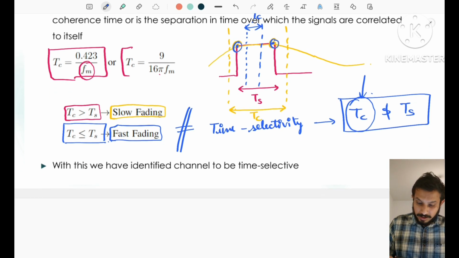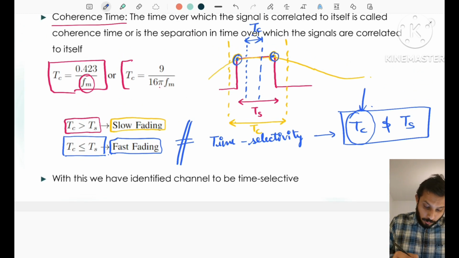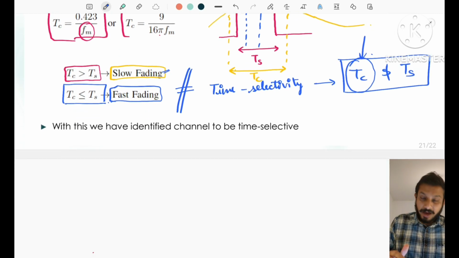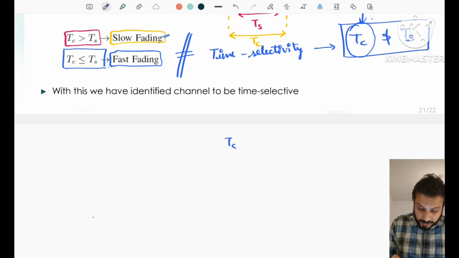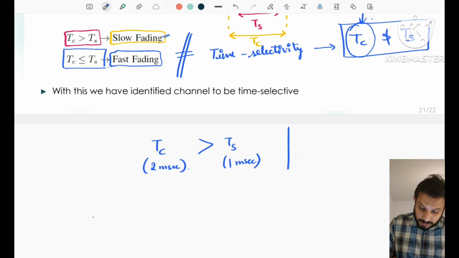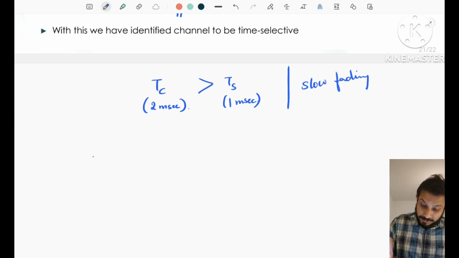An example of slow fading is when we have very low velocity. For example, let's say the symbol duration is 1 millisecond, and the coherence time is 2 milliseconds. So this is a slow fading scenario. But let's say we increase the velocity of the receiver.